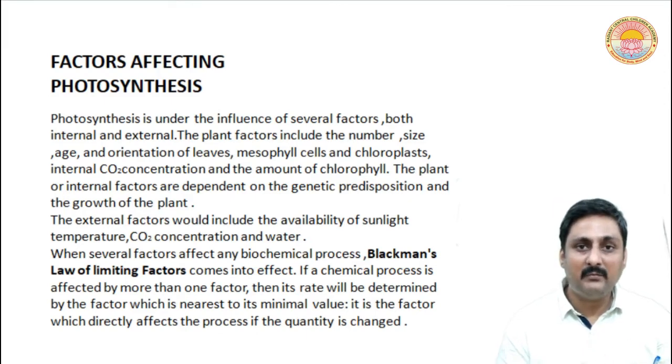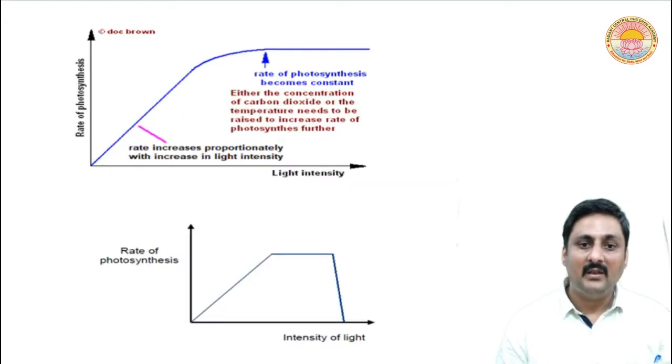So first of all, we will be studying the light intensity and how it affects the rate of photosynthesis. So you can see this graph over here. See here, rate of photosynthesis is given and here light intensity is given. As the light intensity is being increased, rate of photosynthesis is slowly increasing.